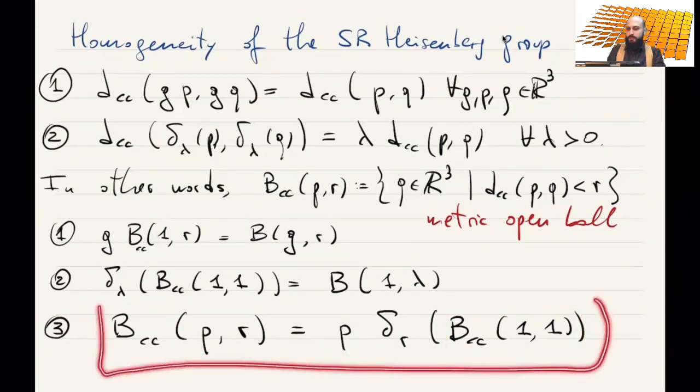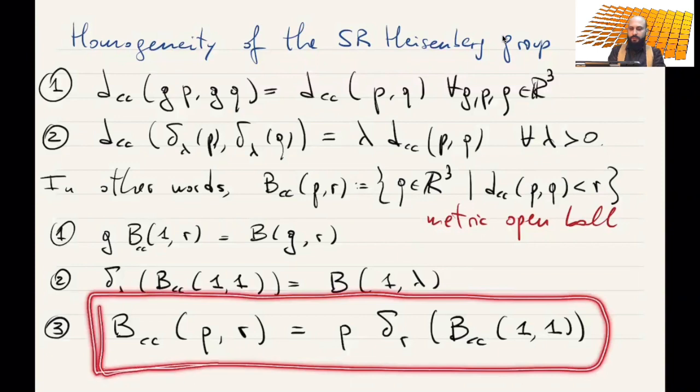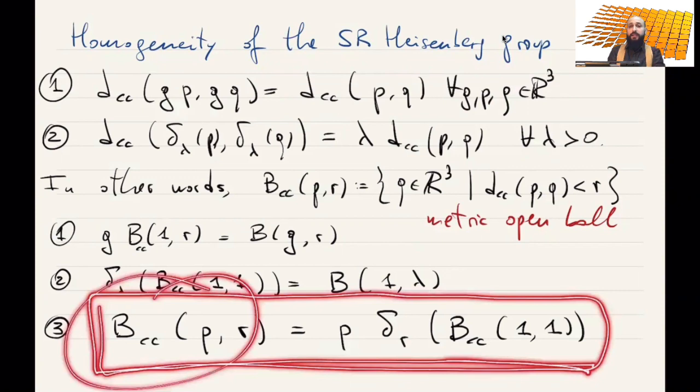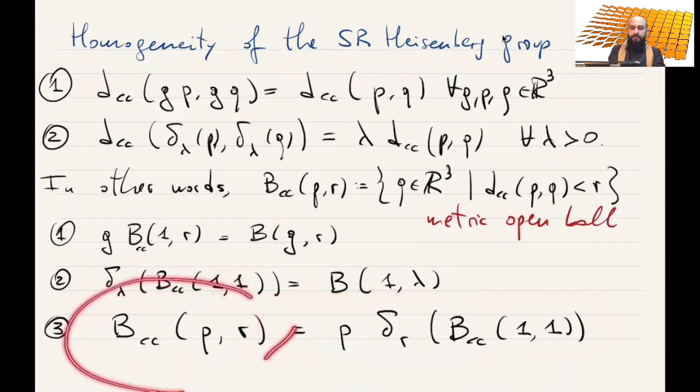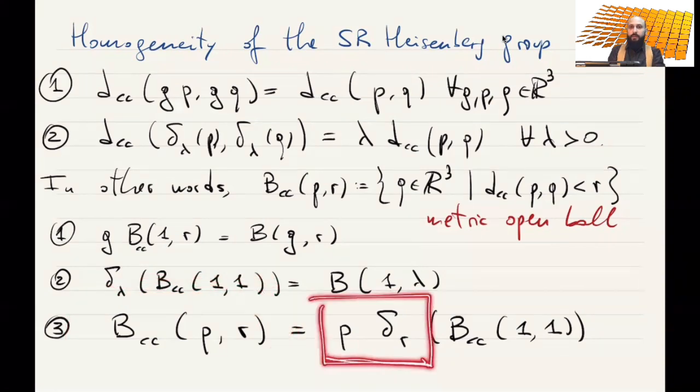This formula is not only interesting set-wise, to say that we can calculate the arbitrary ball given the unit ball, but it's important that it tells us how the arbitrary R ball grows according to these maps.